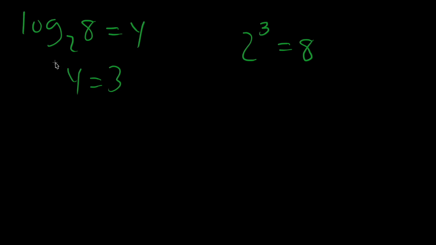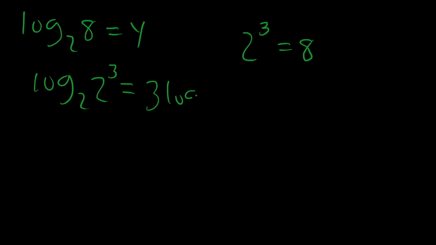But let's solve this by using the logarithm rules, so you can be more familiar with logarithms. So 8 is equal to 2 to the power of 3, so you can move 3 to the front. So this is going to be equal to 3 times log base 2 of 2, and log base 2 of 2 is equal to 1. So this is going to be equal to 3. So y is equal to 3.